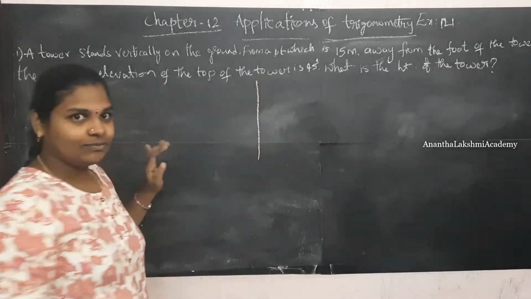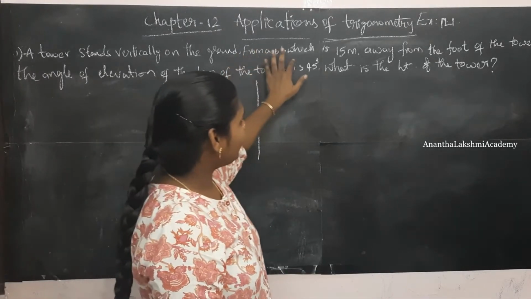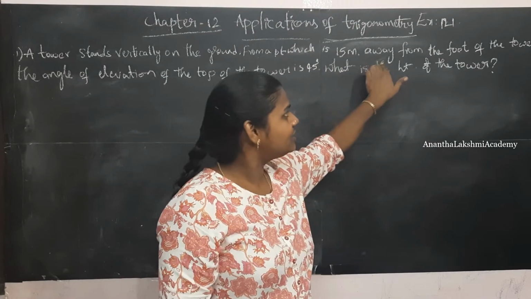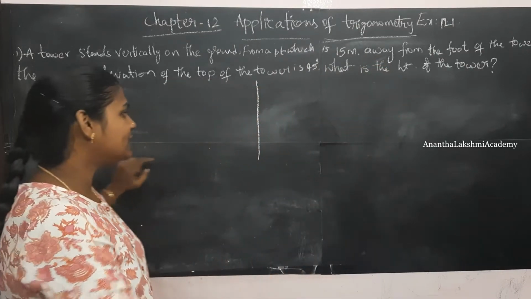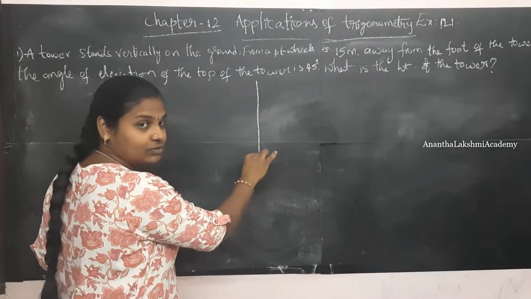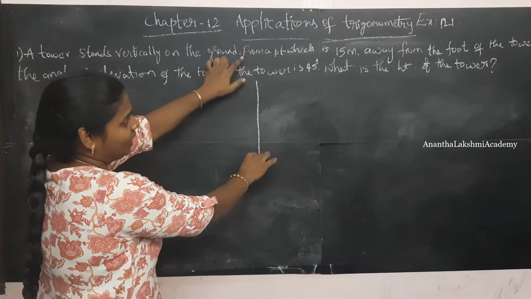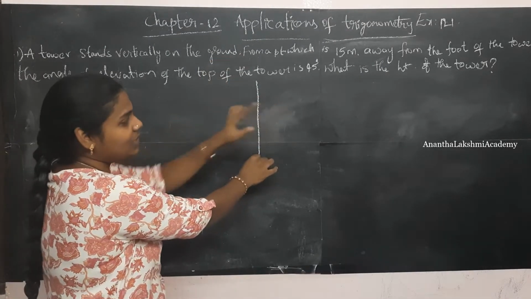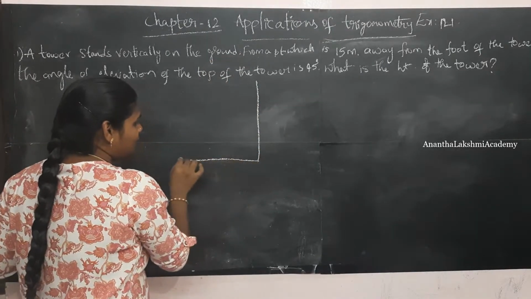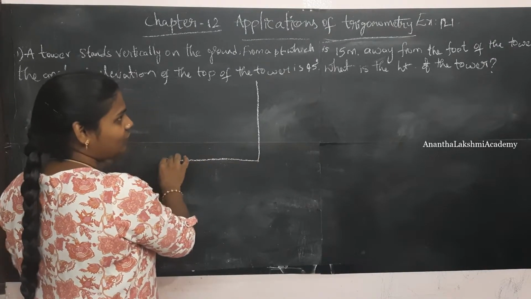From a point which is 15 meters away from the foot of the tower. Where is the foot of the tower? Here is the foot of the tower. From here, this point is 15 meters away from the foot of the tower.